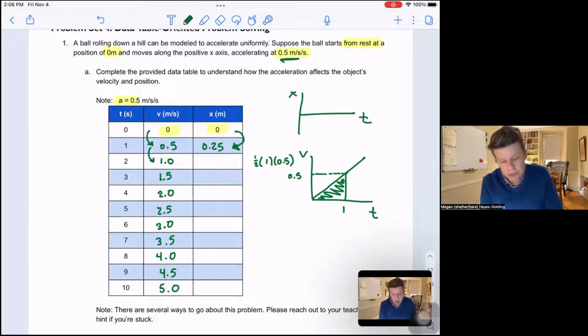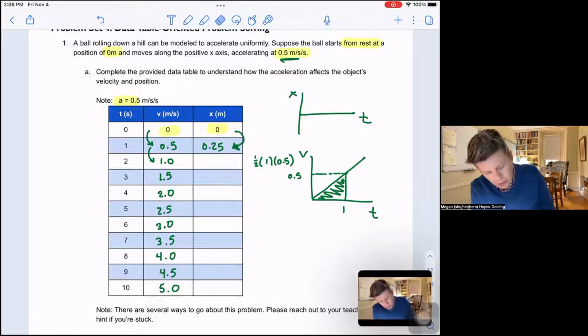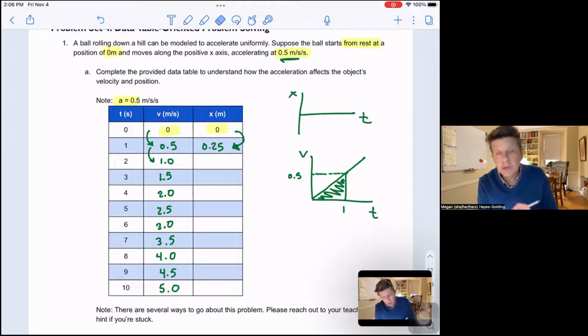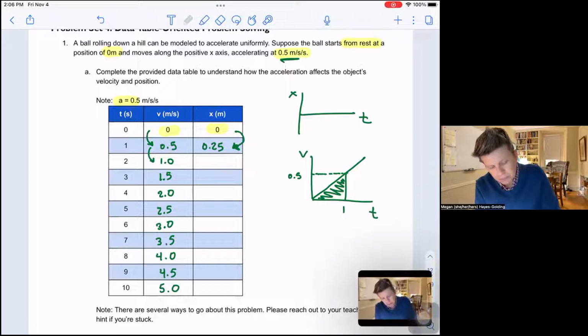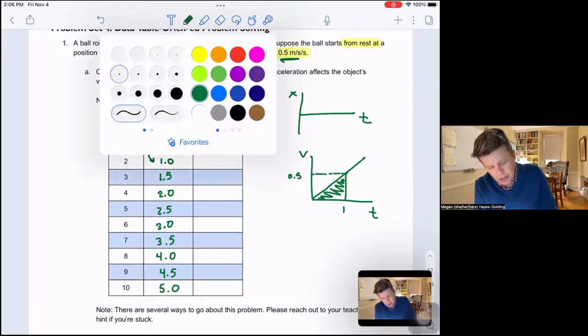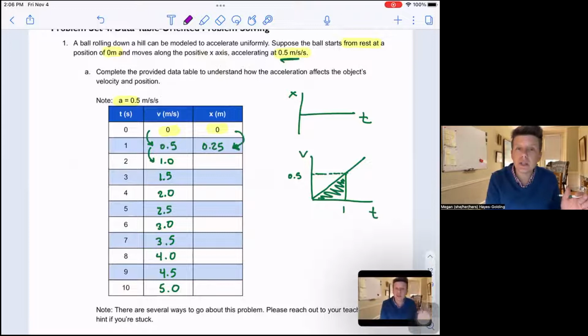There is another way to do this. Let me show you that other approach now. The other approach is to apply the idea of average velocity. Average velocity says that if you take the initial velocity and the final velocity over some time period, add them together and divide by 2, that'll get you an average velocity.